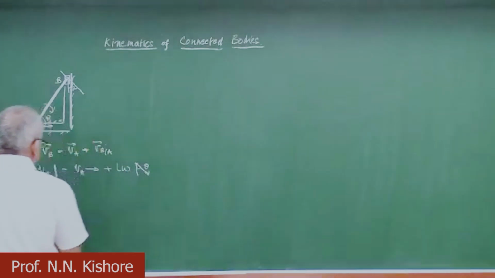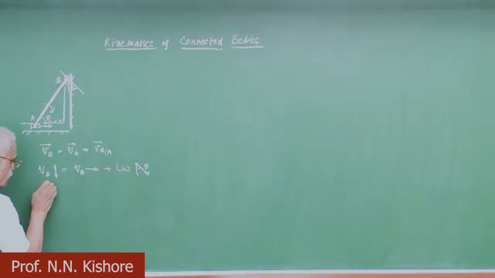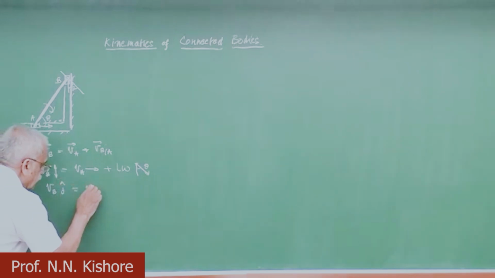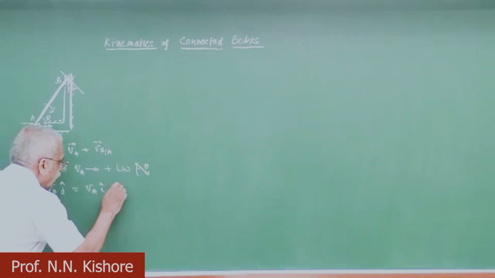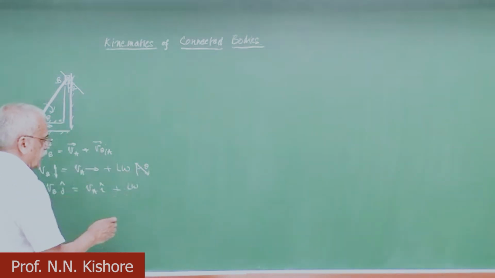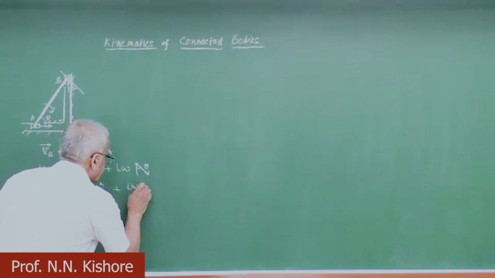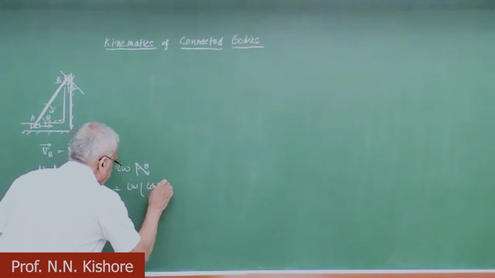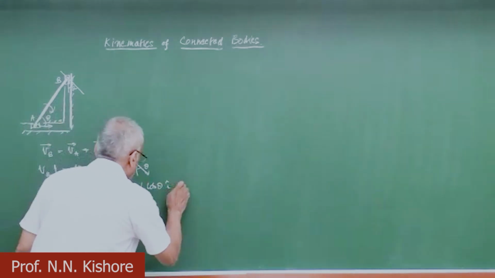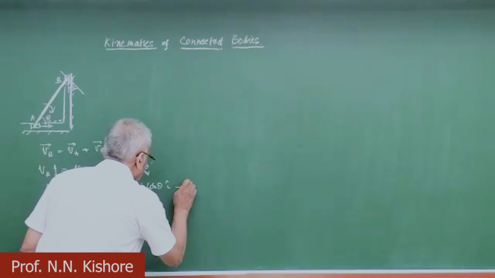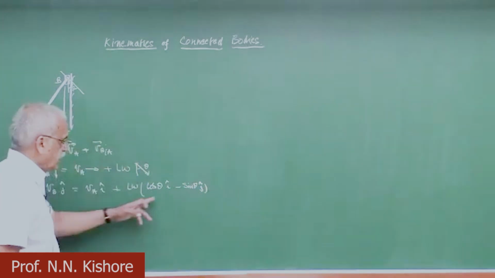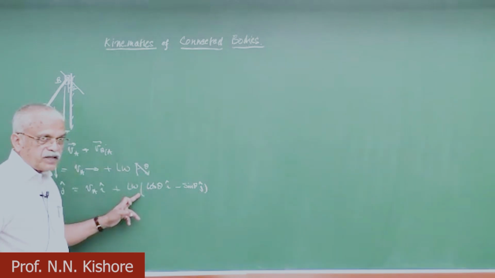So this you can write in the form of your i, j. Say you can write it as L omega cos theta i, okay, assuming that it is this way. Here you can see that I have eliminated one step.